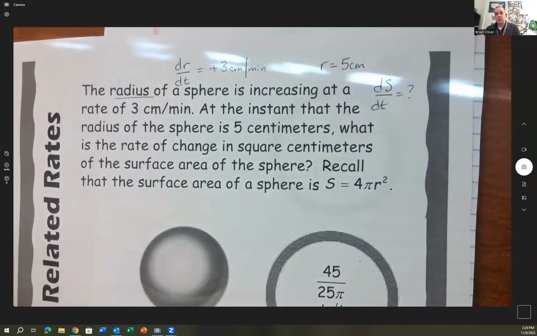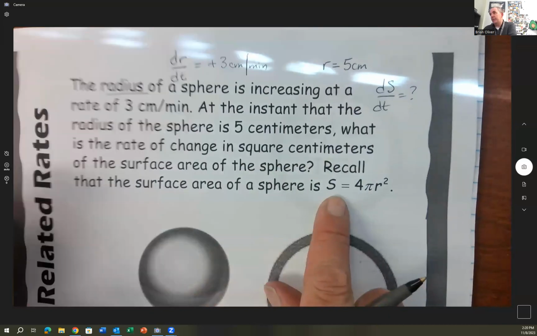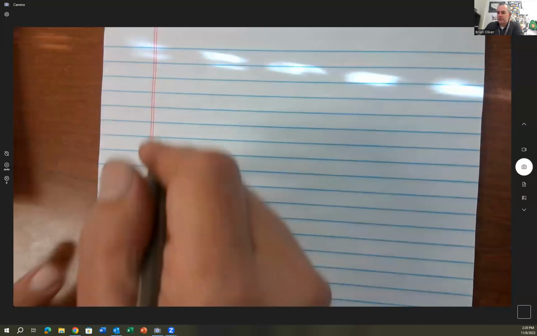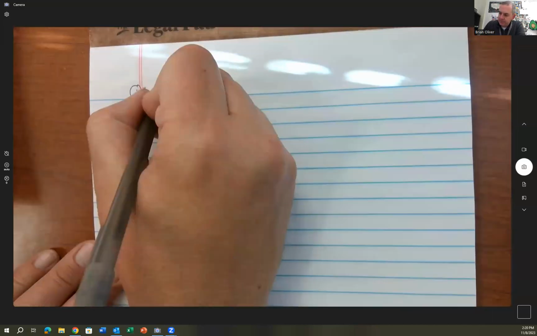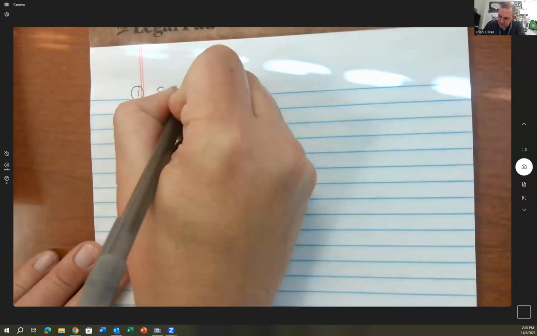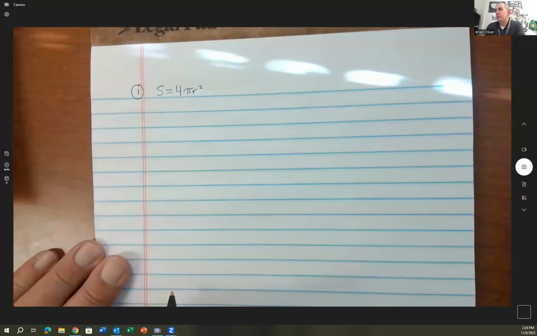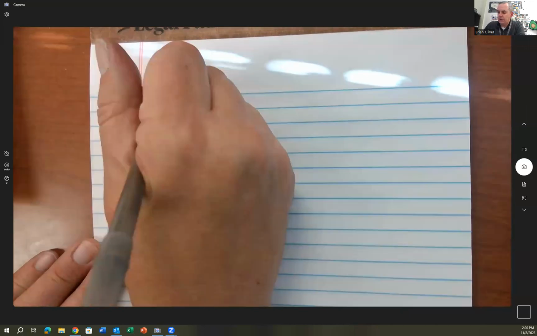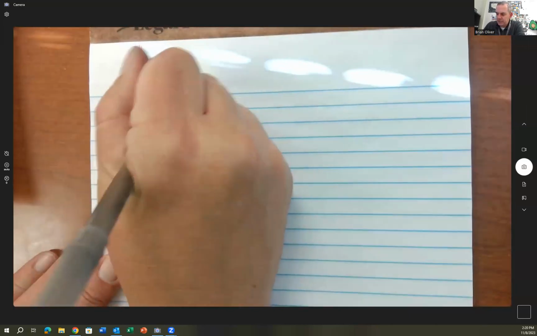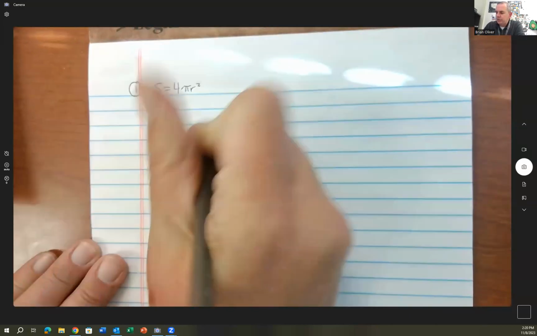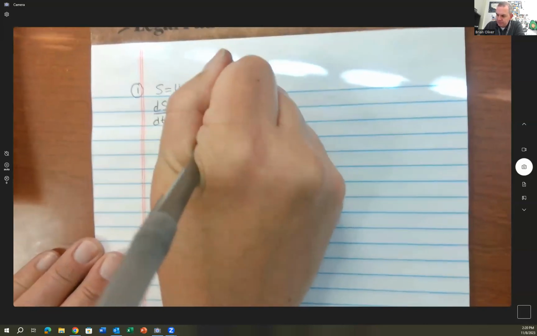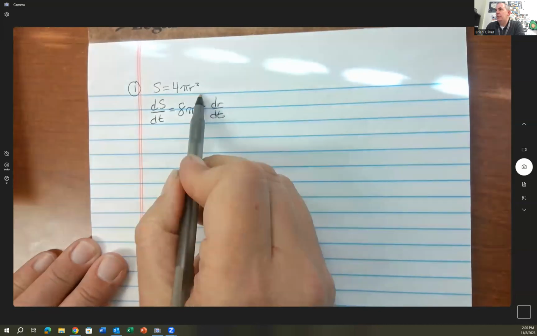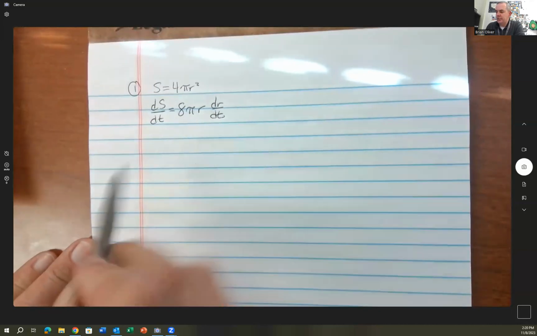Now we're going to use the formula with the information we have. I know for the first one that my surface area is equal to 4 pi r squared. We don't substitute until after we do the implicit differentiation. So we take the derivative of the left, which is dS/dt equals 8 pi r dr/dt. Power rule, 2 times 4 is 8 pi r dr/dt.